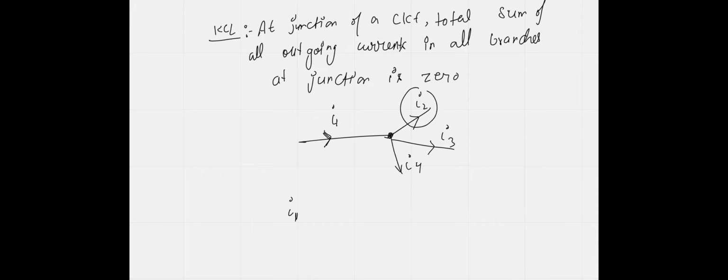I know that I2 is going this way, but I want the current which is going this way. So can I say that minus I2 is going this way? Yes, sir. So I will do the same for the other two. The summation of all these is supposed to be zero, and we have got the same equation of the vector current addition in this KCL law also. Is that clear? Yes, sir. All right.